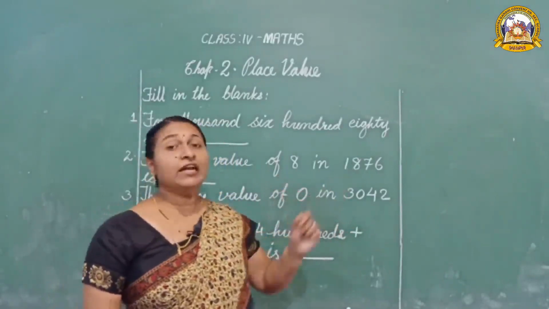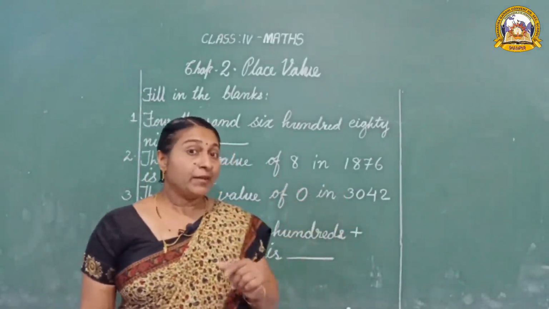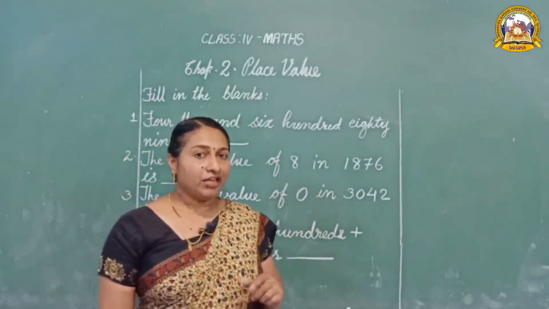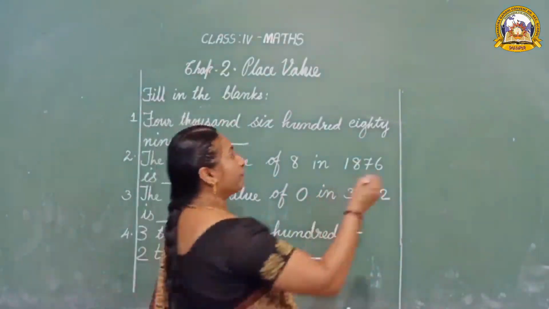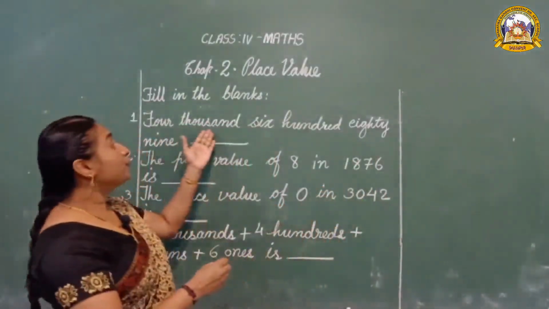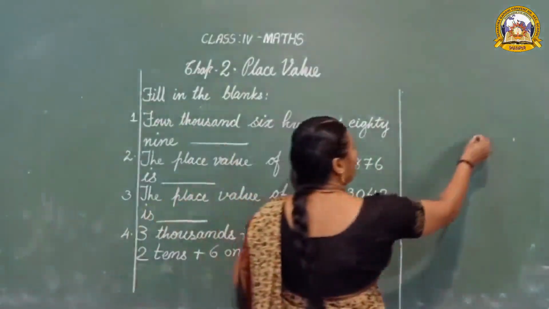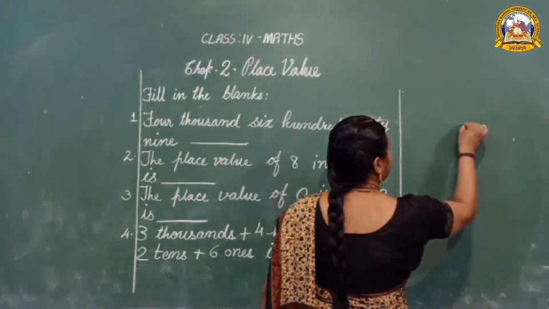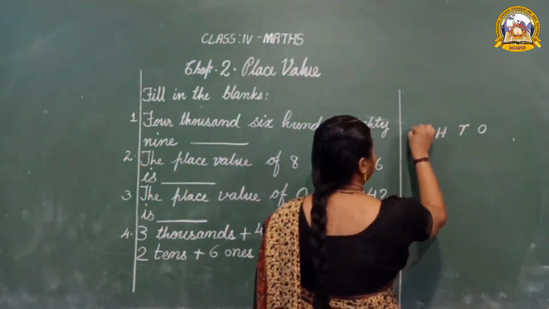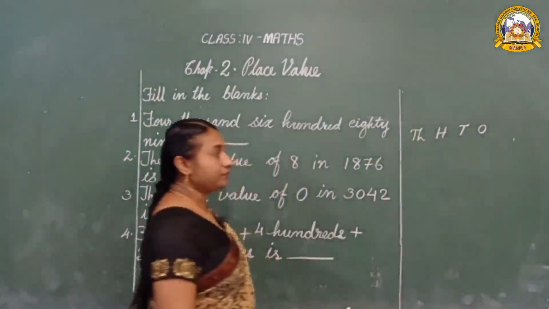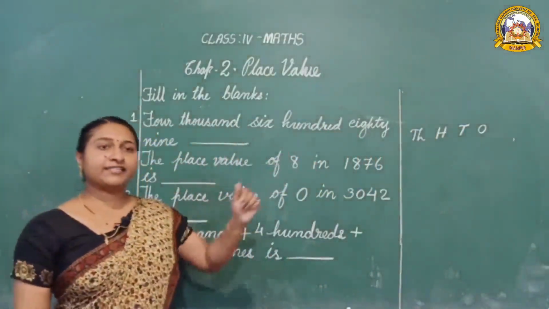Yes, first let us make the place value chart. It will help us to write the number very easily. Here you can see up to 1000. So, ones, tens, hundreds and thousands.